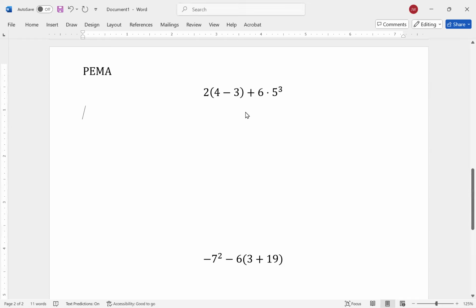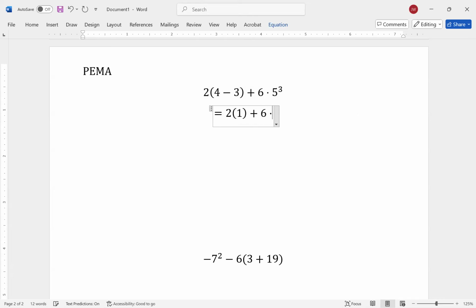All right, now you can type this into your calculator as one line if you do it right, but I'll show you how to do a step-by-step approach right now. The first thing I would do is simplify what's inside the parentheses. So I take the 4 minus 3 inside of those parentheses and subtract and make that equal to a 1.